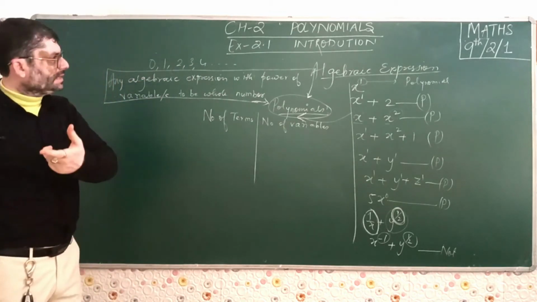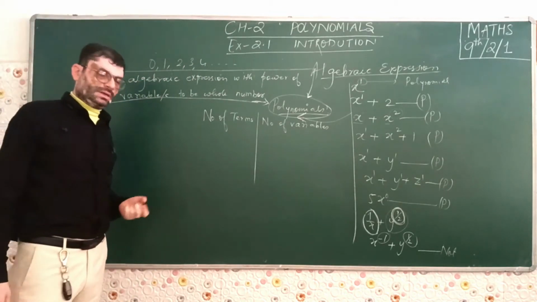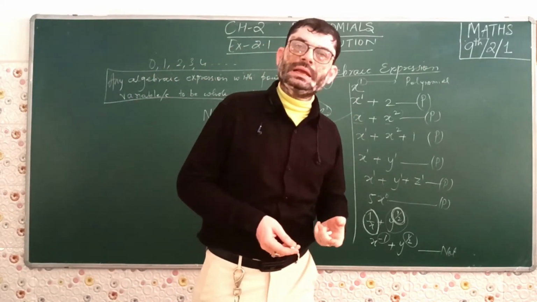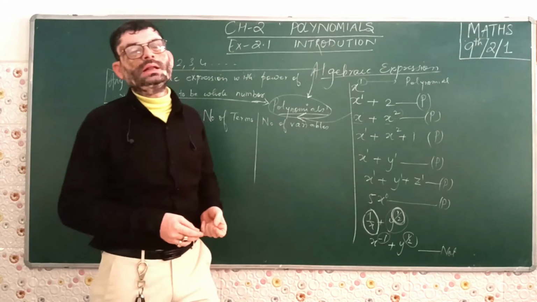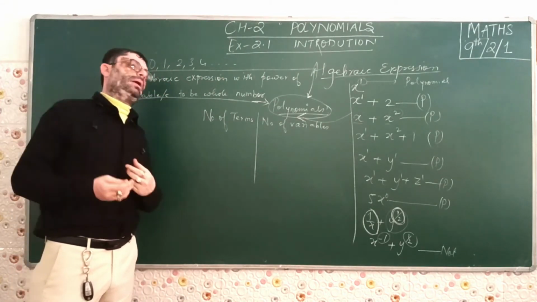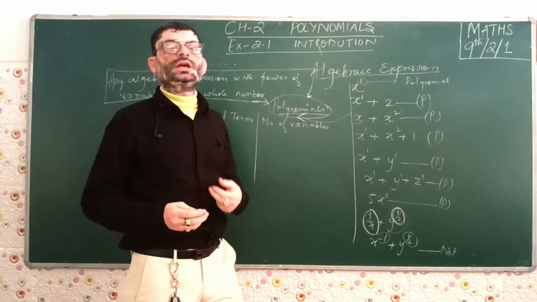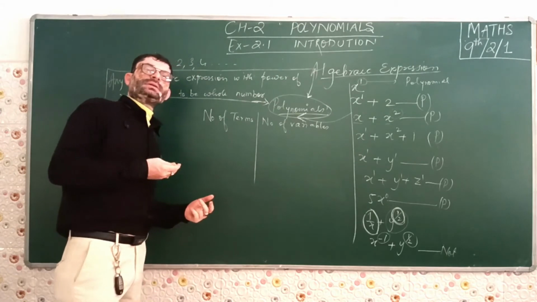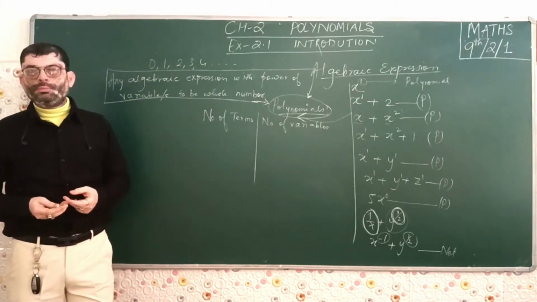That means any algebraic expression with the power being a whole number for one variable or more than one variable can be termed a polynomial. If the power of the variable is a fraction, a negative number, or a decimal, then that algebraic expression will never be a polynomial.